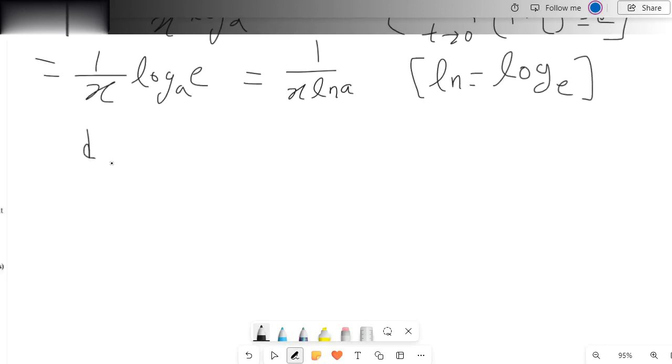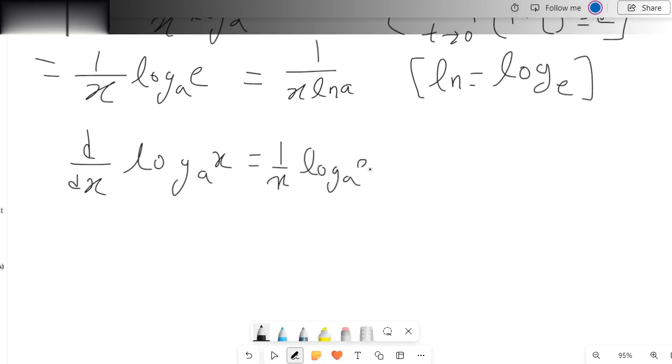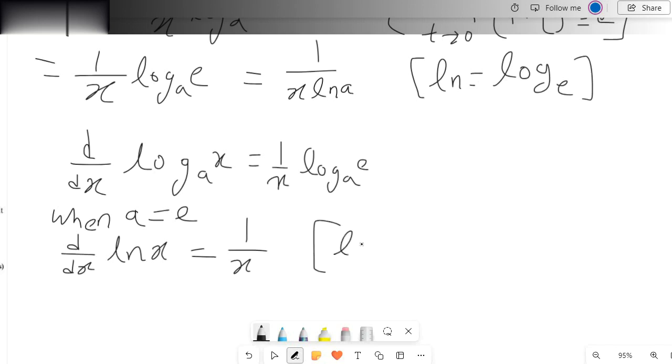So now we have found the derivative of log base a of x, which is (1/x) log base a of e, and when the base a becomes e, then we have d/dx of ln x equals 1/x, as log base e of e is simply 1, which is one of the rules of logarithms.